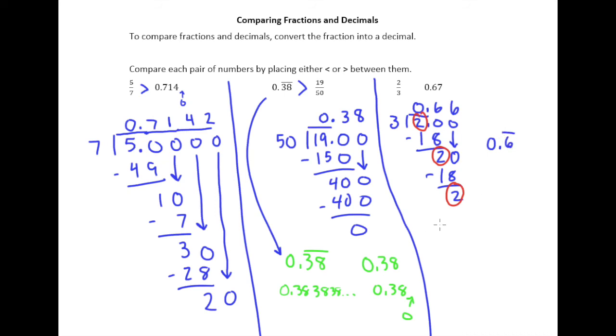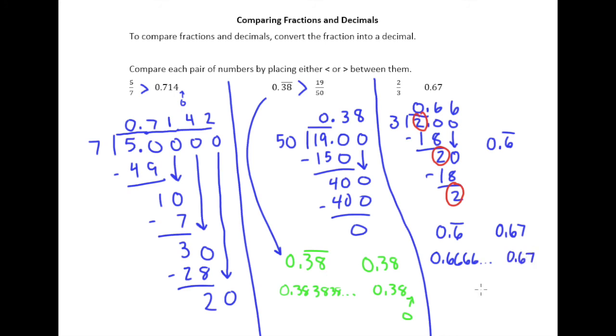So the question is, what's bigger, 0.6 with a bar over it or 0.67? Okay, well, remember, this means 0.6666... and this is 0.67. Well, remember the way we compare decimals.